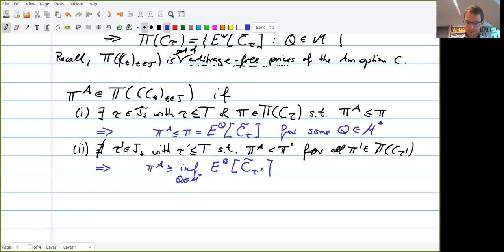Okay. For all, and this holds for all stopping times tau, and tau has to be an exercise strategy, so it has to be less than or equal to T. Right?